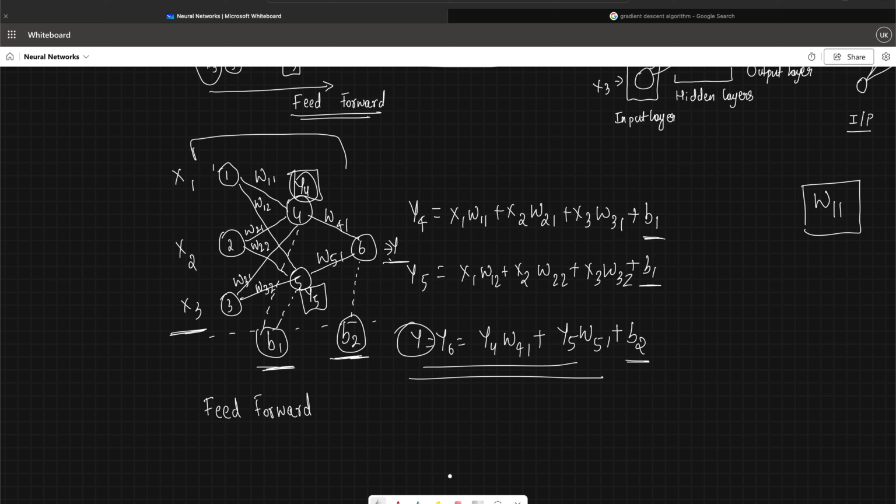Before we look into W11, my general question to everyone is, what are the factors that can determine how a model performs? Do the values of X, like X1, 2, 3, determine the final output value of Y? Or is it W1, 2, 3, the weights? Or B1, 2, the biases? Or the actual neuron nodes, like assume there's a number N?